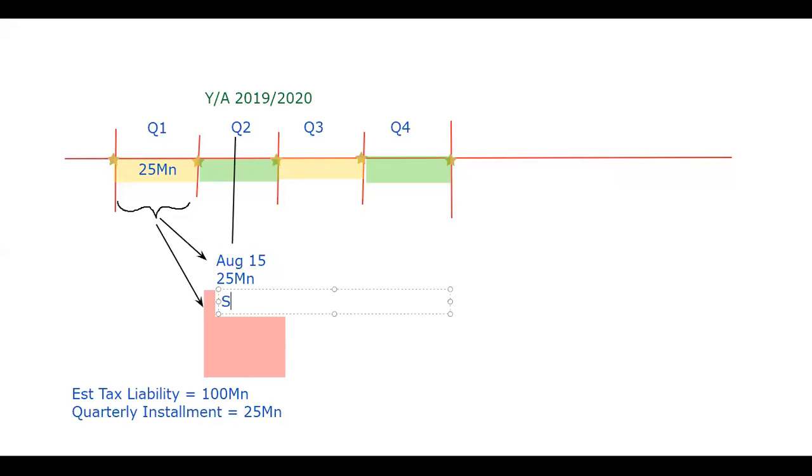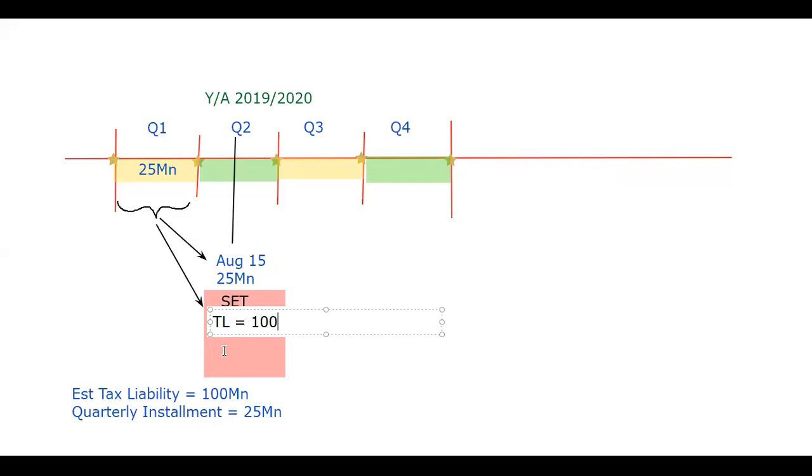We call it SET, statement of estimate income tax payable. So this is the SET form. Then whatever the tax liability for the year, you need to declare here 100 million.